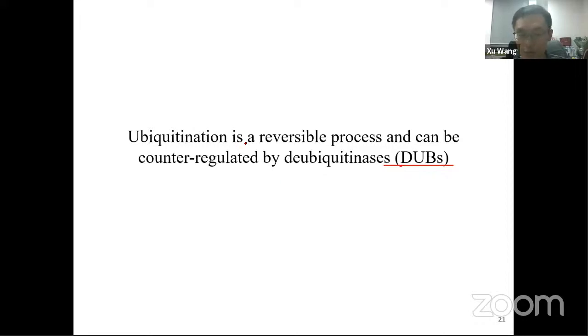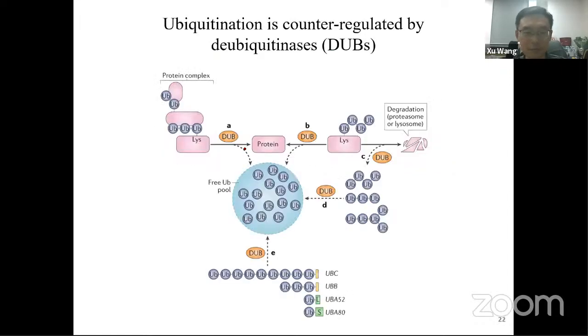And it's also very quick, because if the proteins are stripped of ubiquitin molecules, then the protein will become normal again. This process doesn't need new protein synthesis or protein degradation.